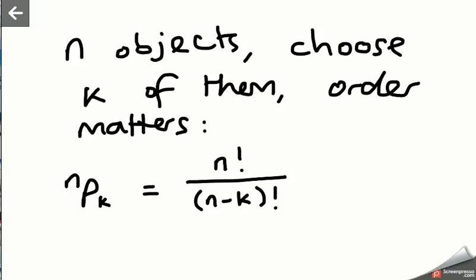So n factorial divided by n minus k factorial. And that's the easiest way to write it.